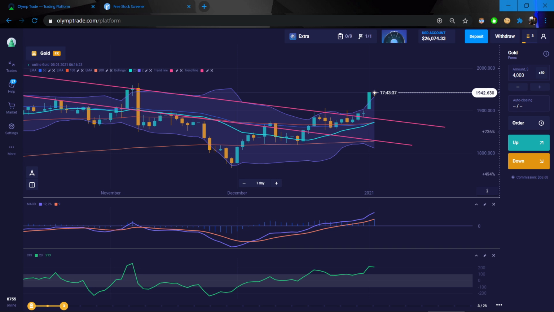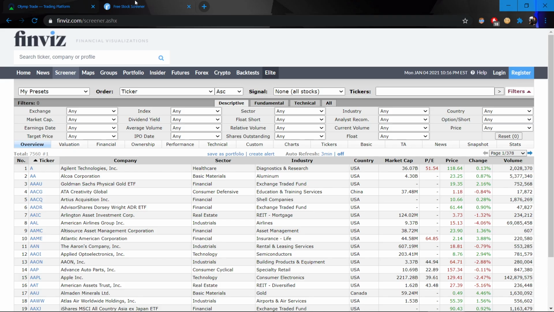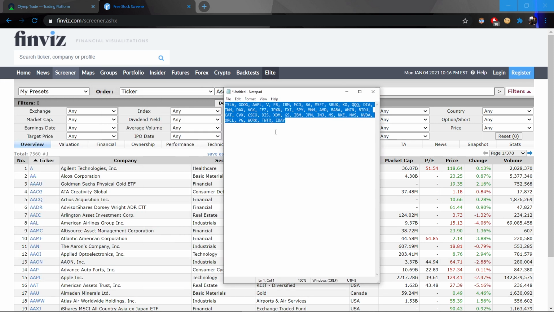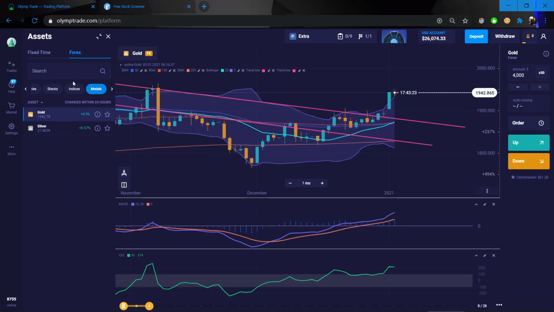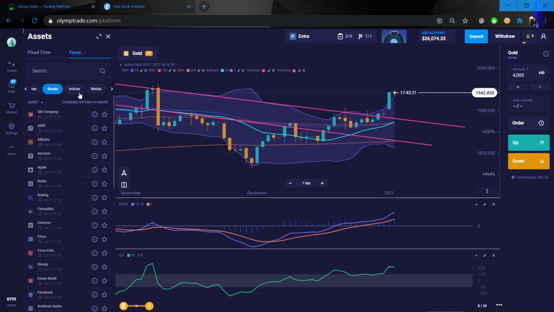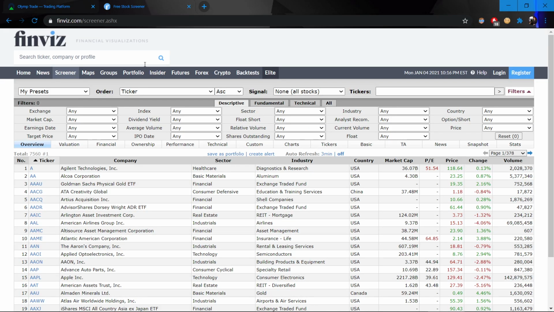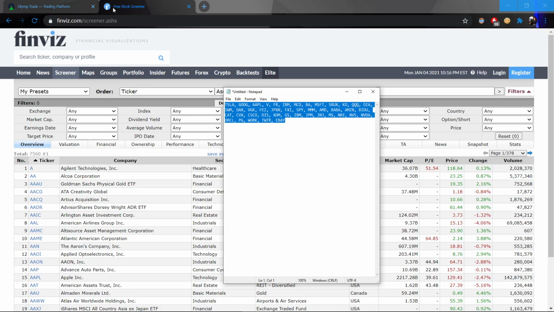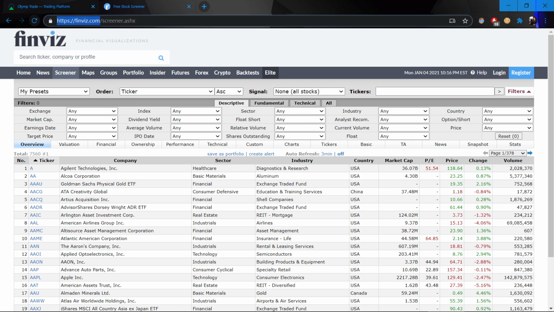Now I know that I promised not to talk about the different assets that you can get, but I made a nice list for you guys. I'm going to add this to the description of the video below. Here's a list of all of the main financial assets that we have in the stocks and indices category on the Olymp Trade platform. What you do is you go to finviz.com and click the screener.